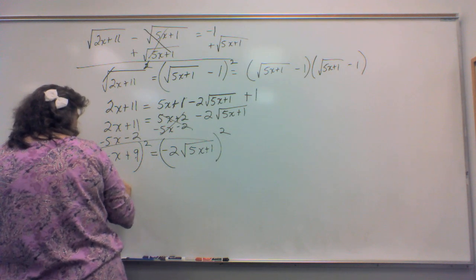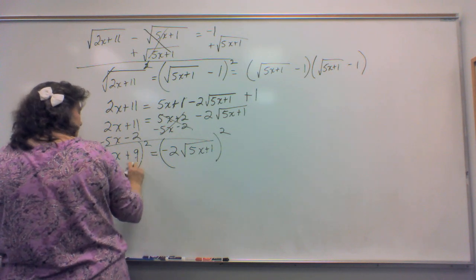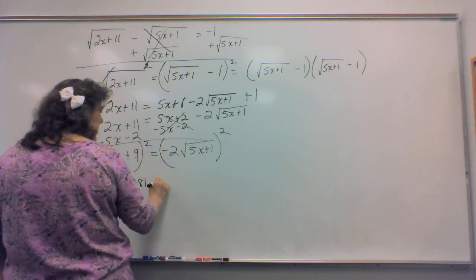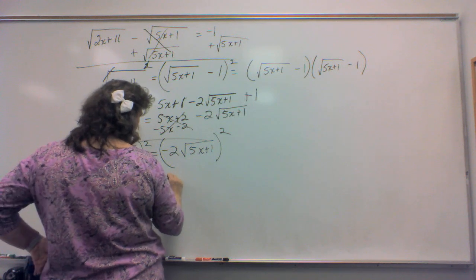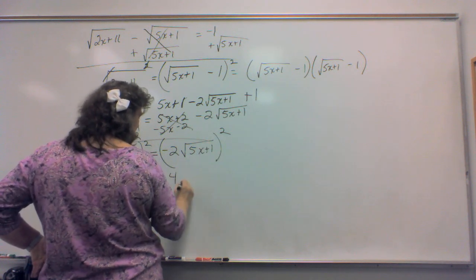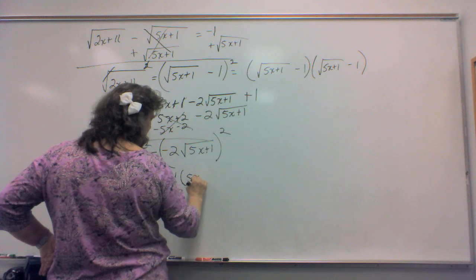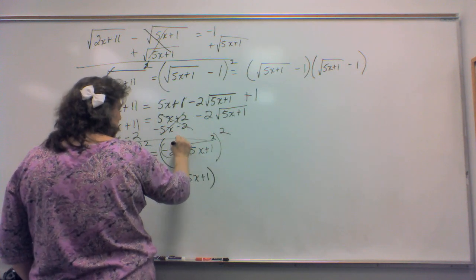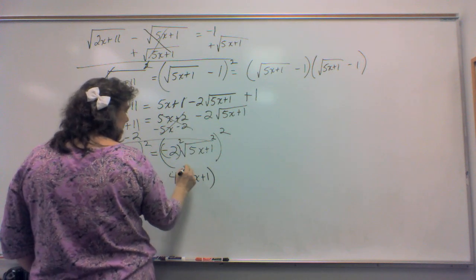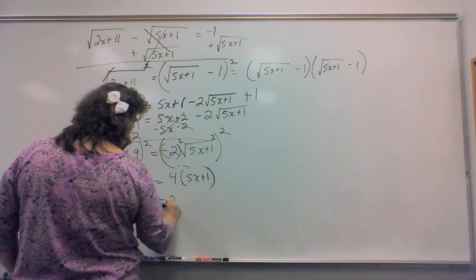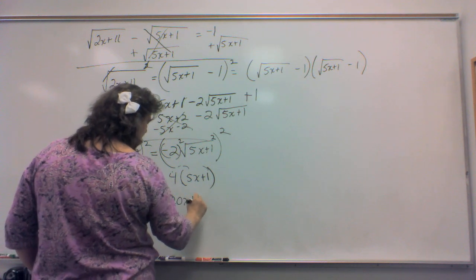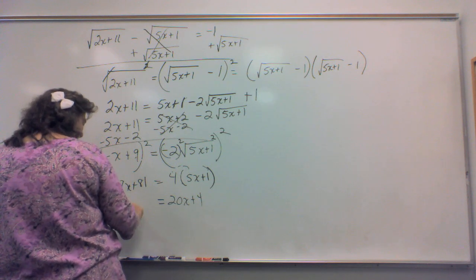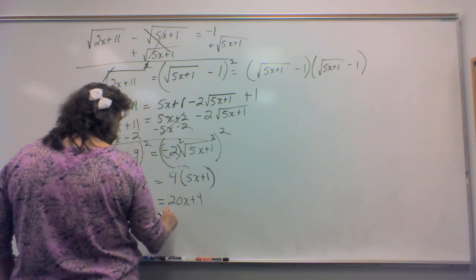minus 18x, because minus 9x is -18x, and then plus 81 is equal to -2 times -2 is 4, and we're squaring that, which leaves you with 5x plus 1, because the square will undo that and square that. So now we're going to go ahead and distribute and get 20x plus 4, and over here I have x squared minus 18x plus 81.